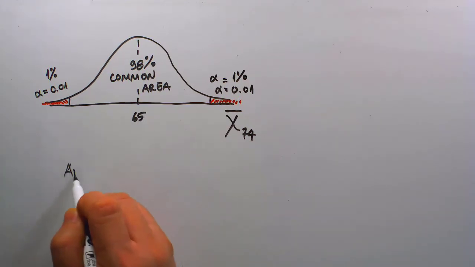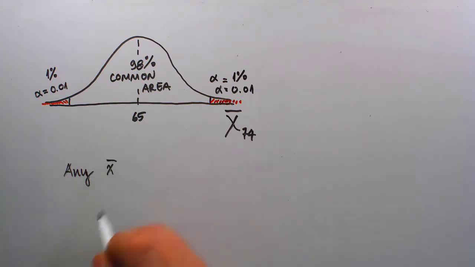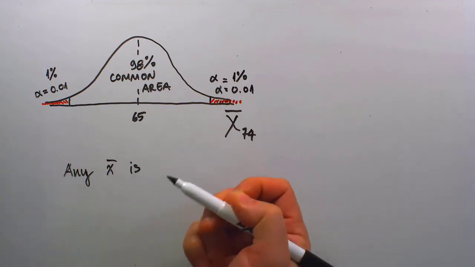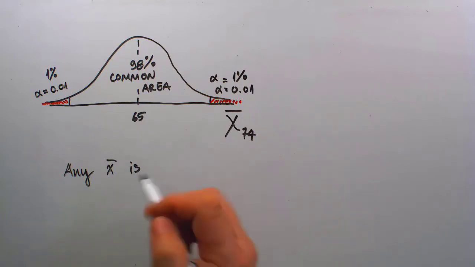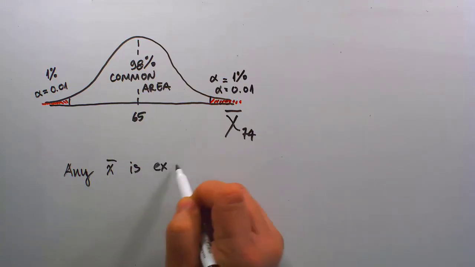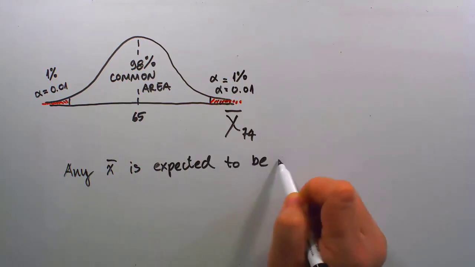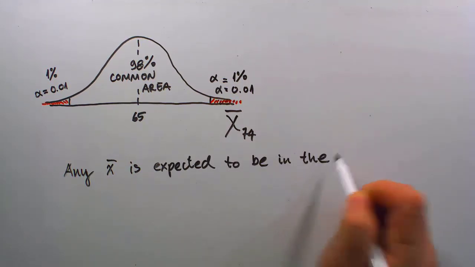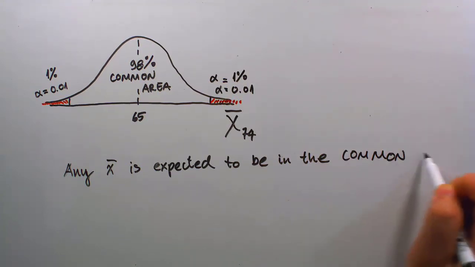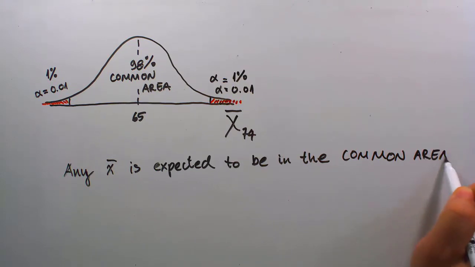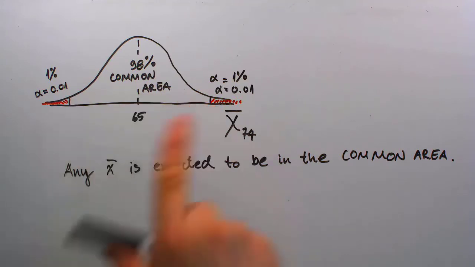But any sample mean x bar here, right at the instant that we're picking it up and before we even know the value of it, is expected to be in the common area, because it's so big. 98% is really close to almost the entire bell curve.